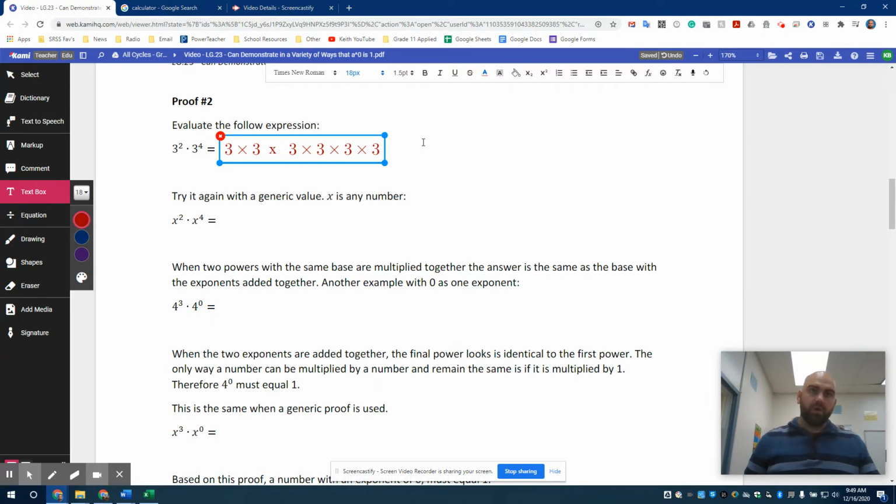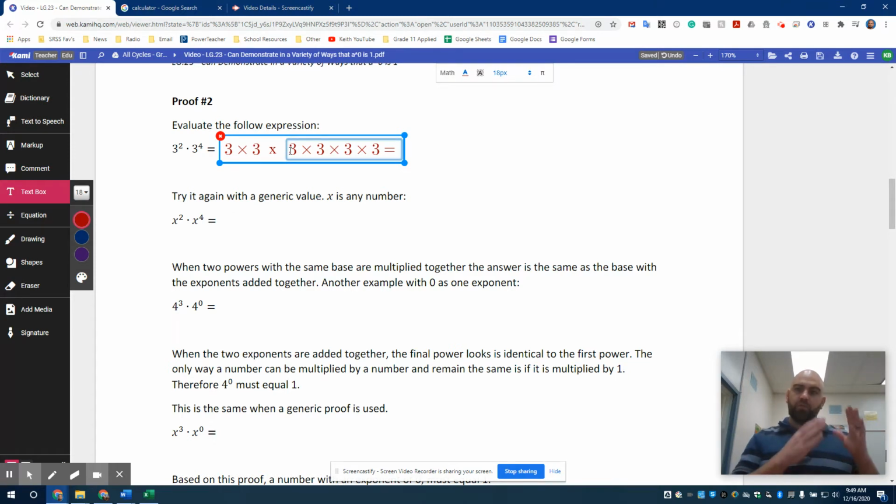This is what this expression is telling us. It's 3 times 3, and then we're multiplying 3 times 3 times 3 times 3. If we think of this as a large expression altogether, really we're just multiplying 3 together 6 times.